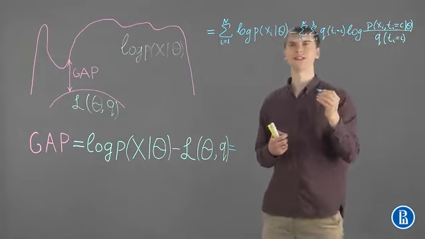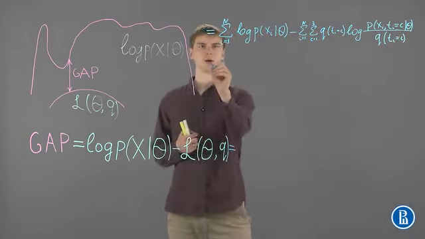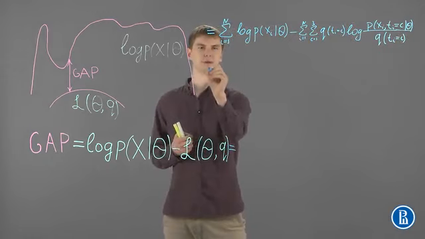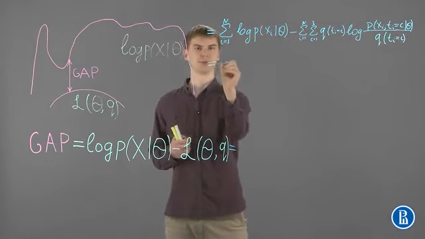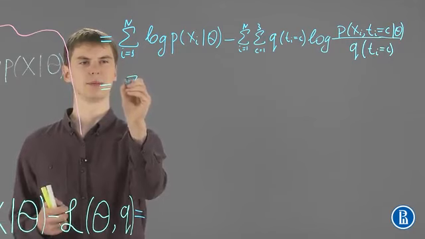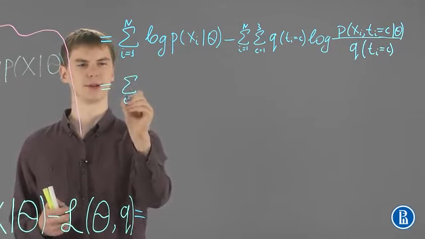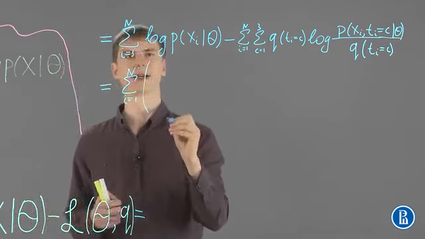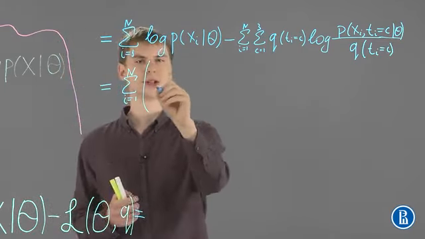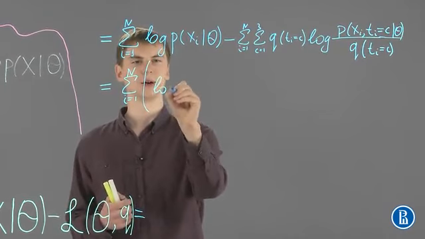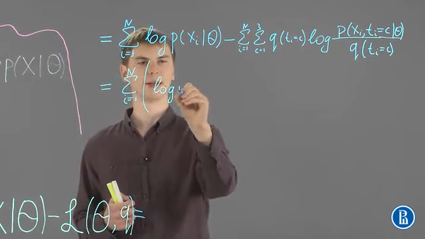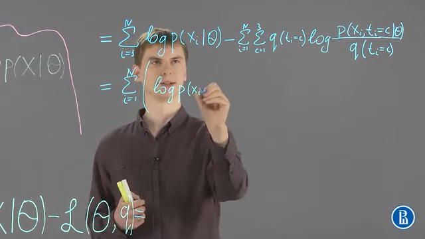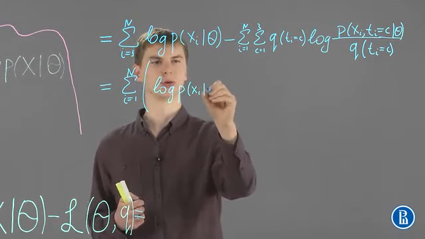So let's look at how we can simplify this expression. First of all, we may notice that the sum with respect to the objects appears in both terms of this expression. So we can take this sum outside the terms, so it looks like the sum with respect to the objects times a big bracket. Then we may also push the logarithm of the marginal likelihood of an individual object inside the summation with respect to c, to put the logarithms close together.